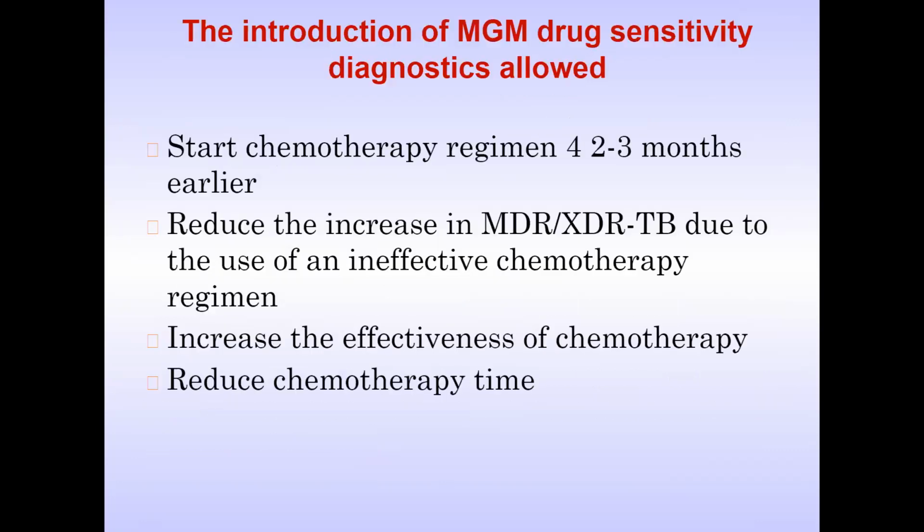The introduction of rapid drug-sensitivity diagnostics allowed starting the chemotherapy regimen 3 to 4 months earlier, and reduced the increase in MDR and XDR-TB due to the use of an effective chemotherapy regimen, and so on.